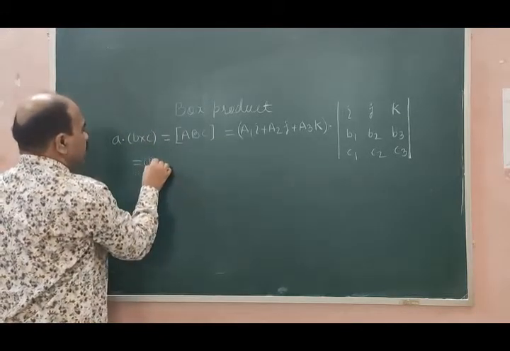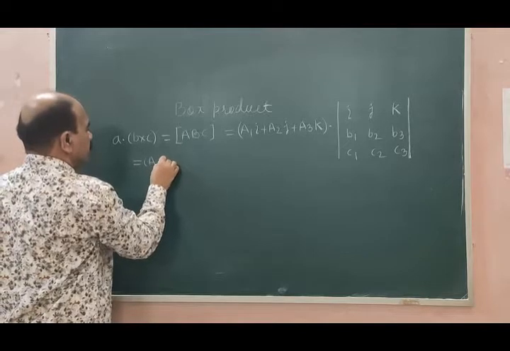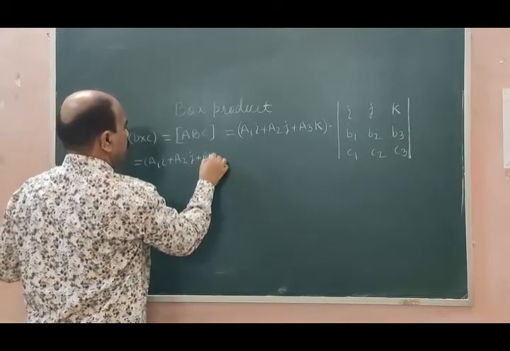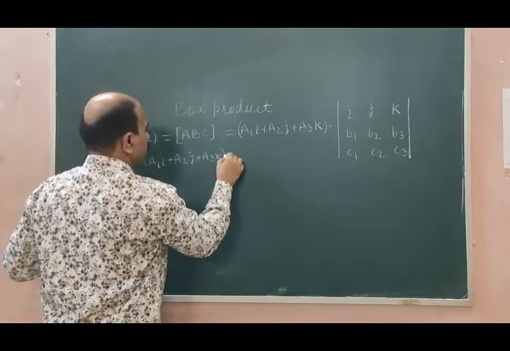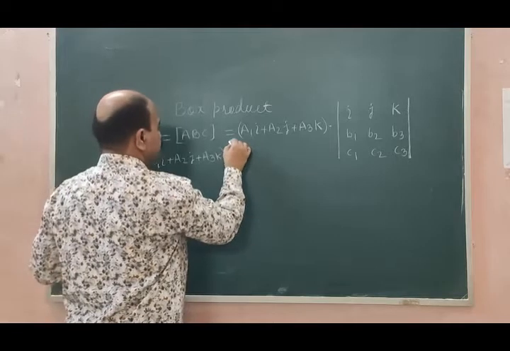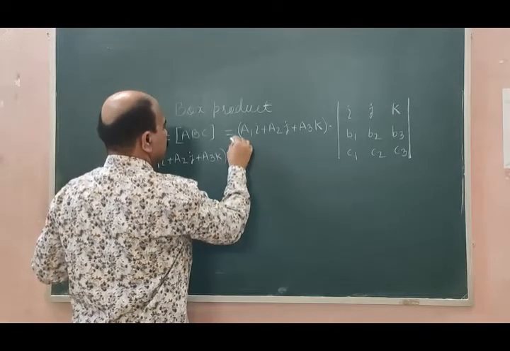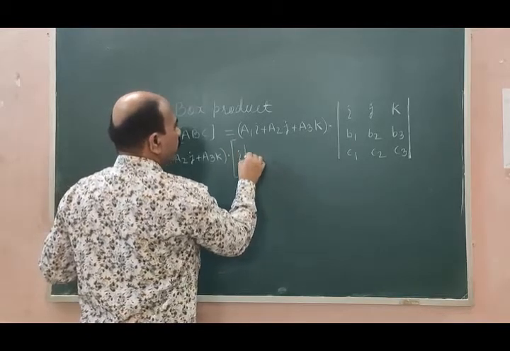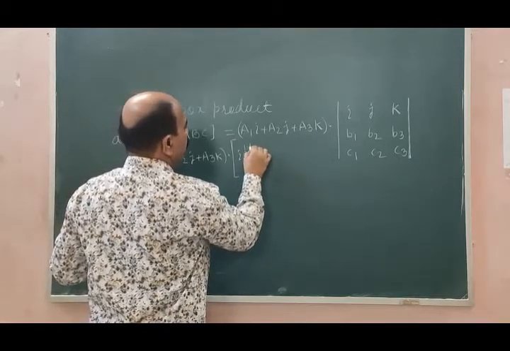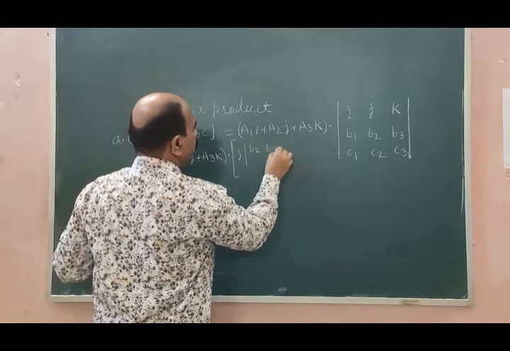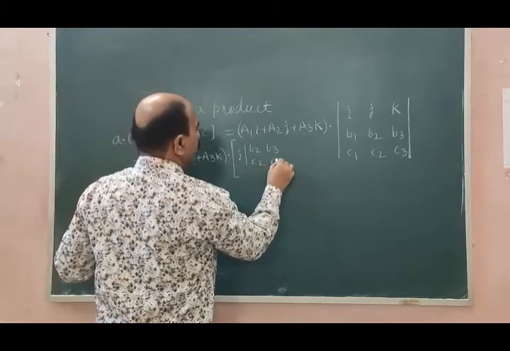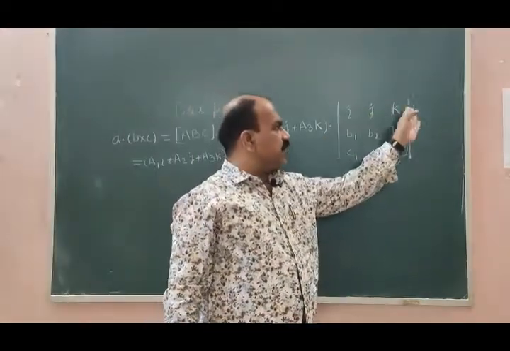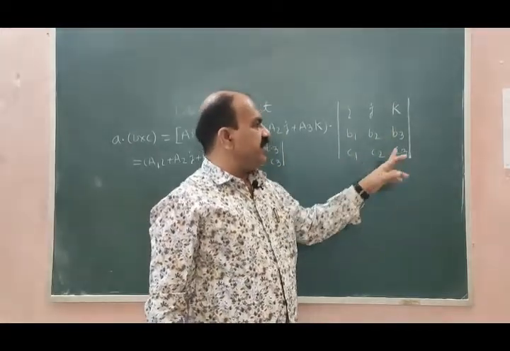This is further. Let me put it as it is. Dot. I into this row, this column skipped: B2, B3, C2, C3.